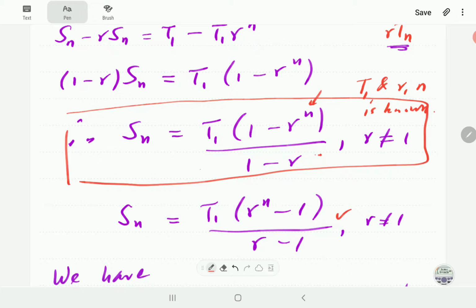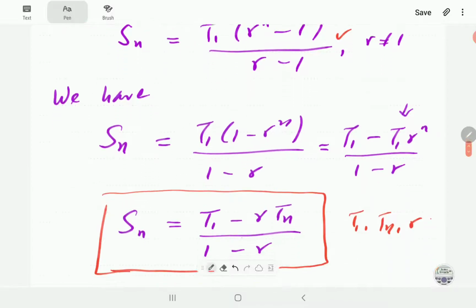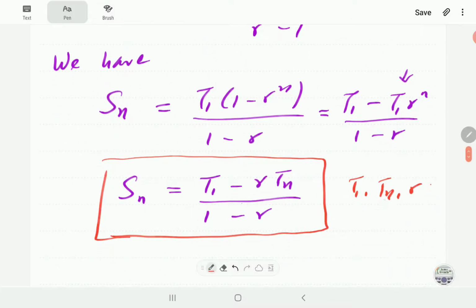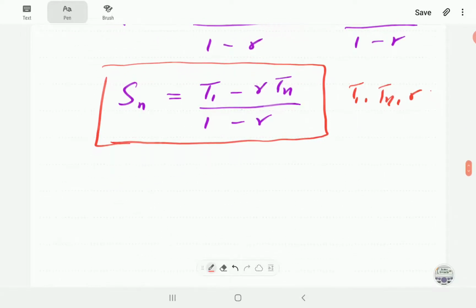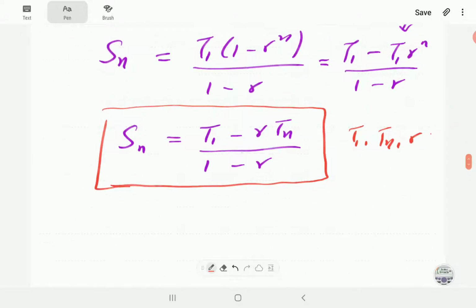Okay, so in each case we need to know three things. So here T1, the last term, so that's first term, last term, and ratio, and then we can use that formula there. So those are the three formulas for geometric progressions.